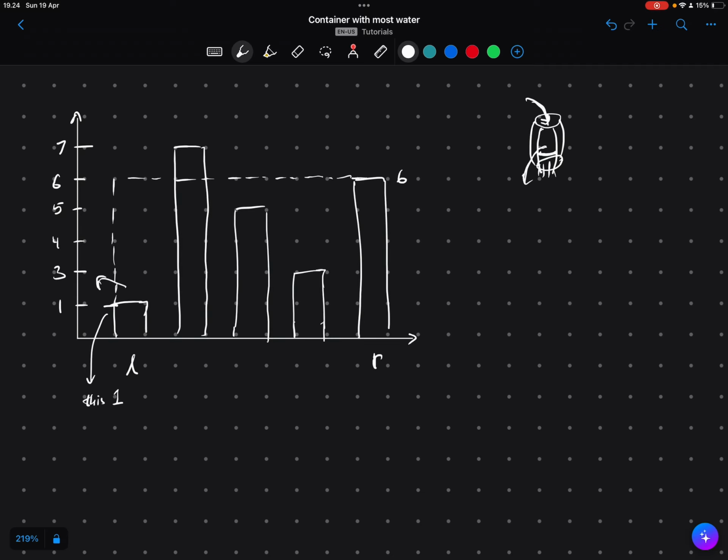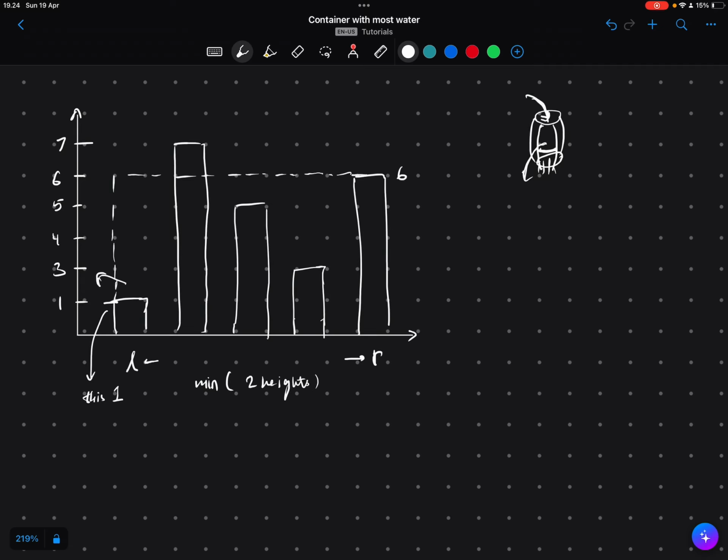So we can establish that when we consider the area of the rectangle, the thing that matters the most is the minimum of the two heights, correct? And we already have L, we already have R. Would it be safe to say that the base of the rectangle, or the length as some would say, would just be R minus L, because that's the number of units that you have to step over?